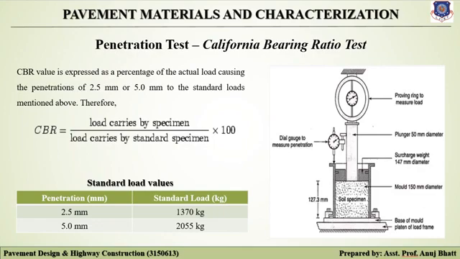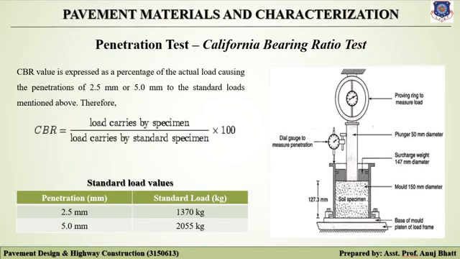Today we will learn how to obtain the CBR value from the data collected through the tested specimen by a penetration test. When the data is plotted graphically, it shows a penetration curve.